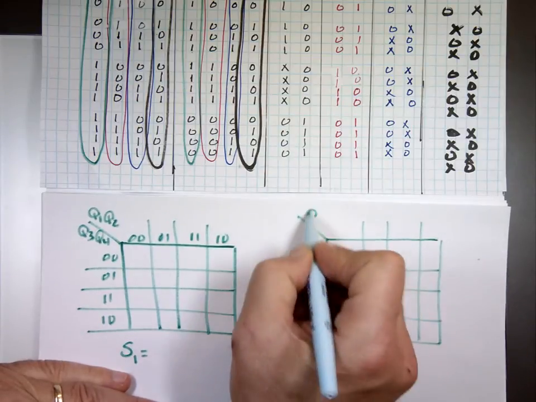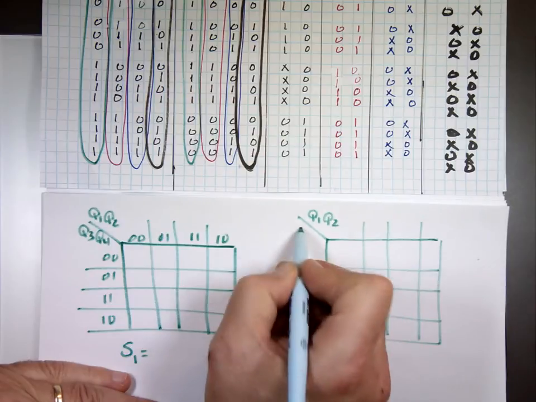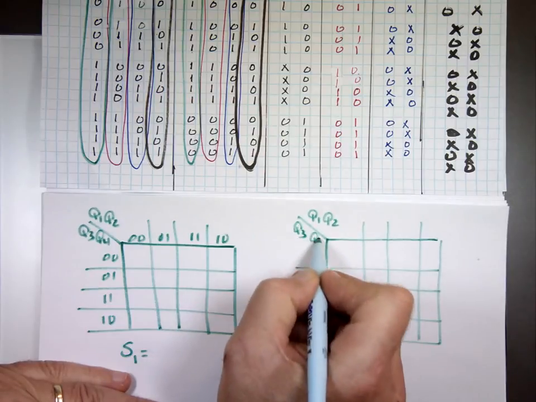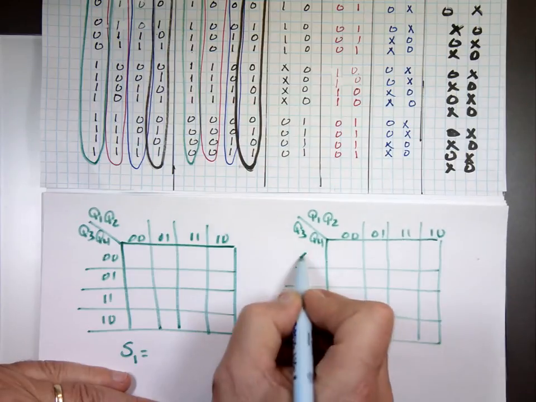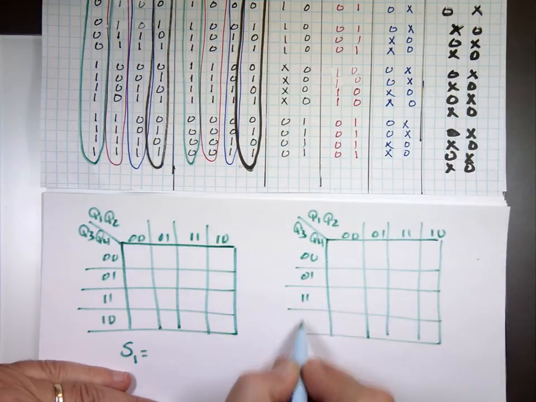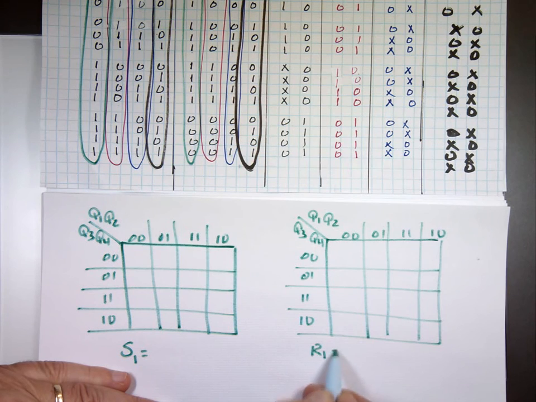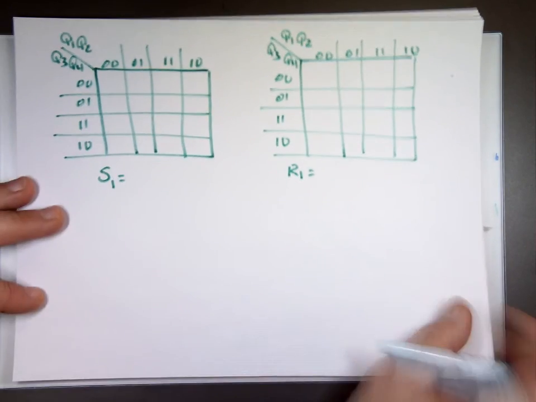Q1, Q2, Q3, Q4, 0, 0, 0, 1, 1, 1, 1, 0, 0, 0, 0, 1, 1, 1, 1, 0. This is for R1. I'll have another one for S2 and R2.